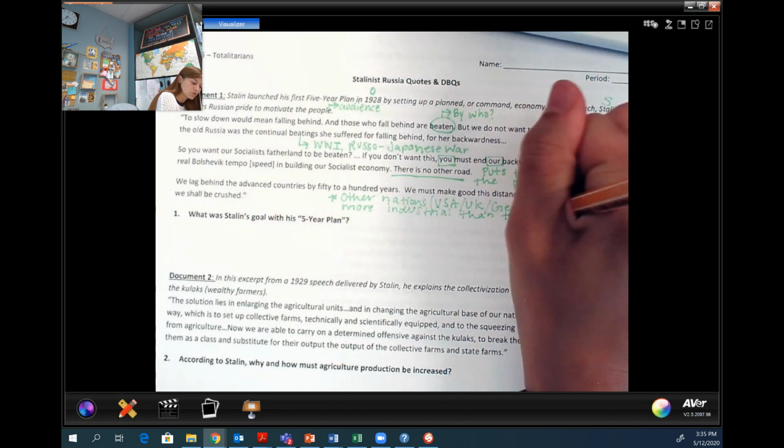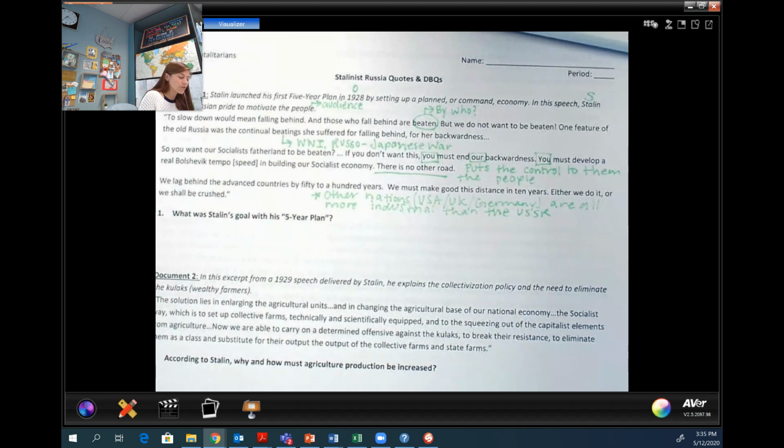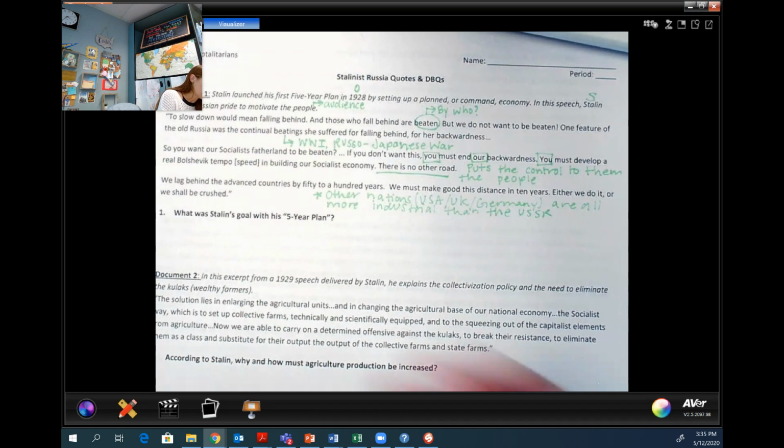So the first question for document 1 was, what was Stalin's goal with his 5-year plan?